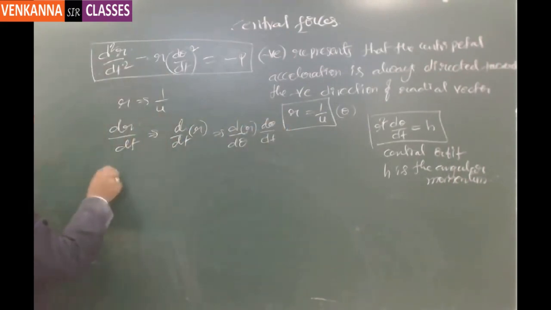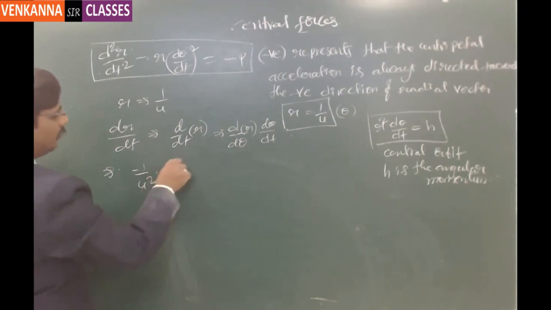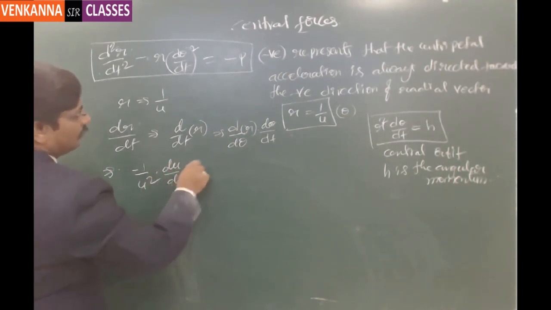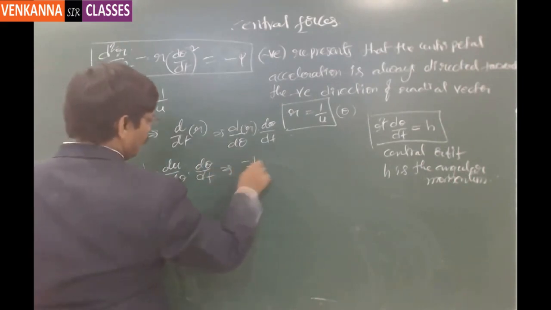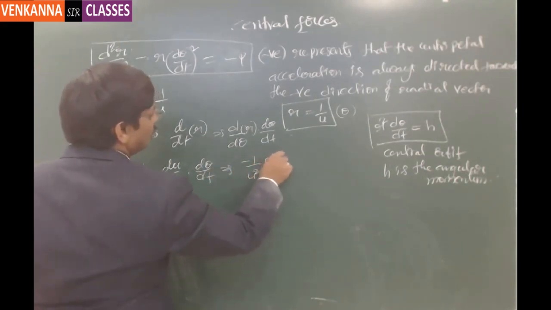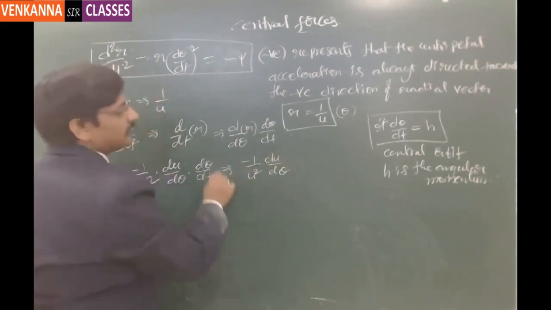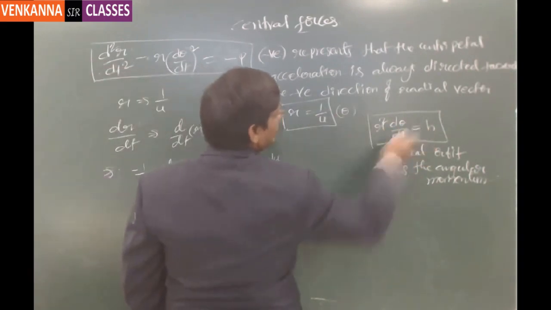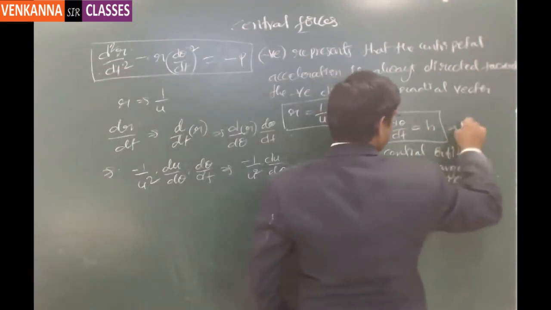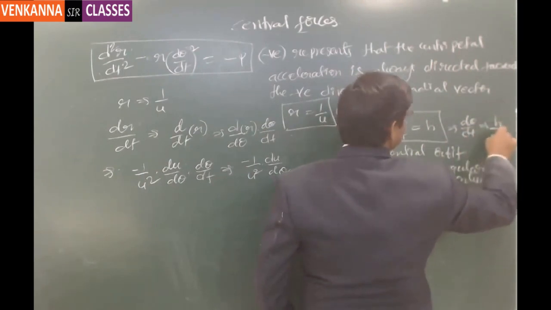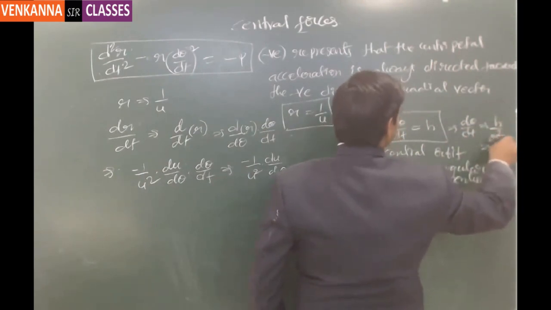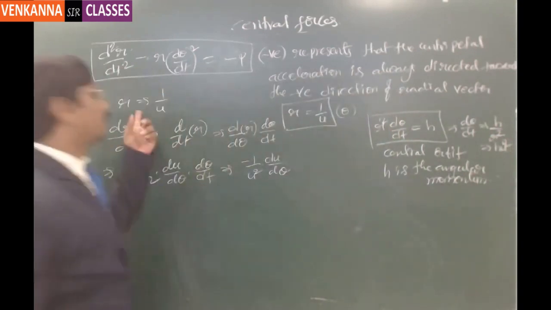Now here dr by d theta you can calculate as minus 1 by u square into du by d theta into d theta by dt. So minus 1 by u square into du by d theta into d theta by dt, you can replace d theta by dt as h by r square, or h u square, because u is equal to 1 by r we have introduced.